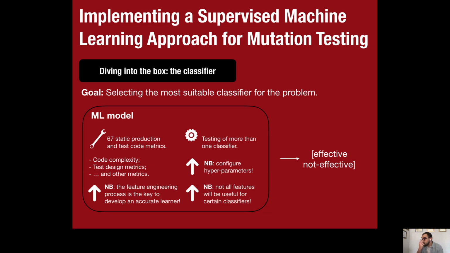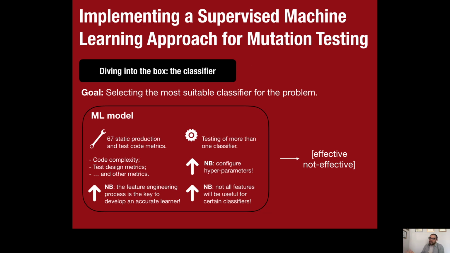The second thing to know here is that machine learning algorithms differ from each other for many reasons: because of the reasoning, the assumptions they make on the underlying data, because of the algorithm itself that they implement, and others.